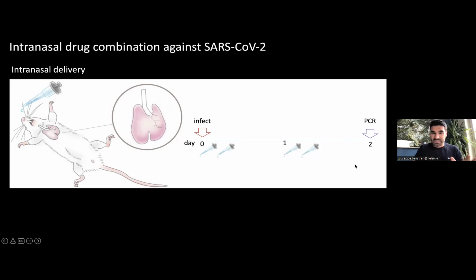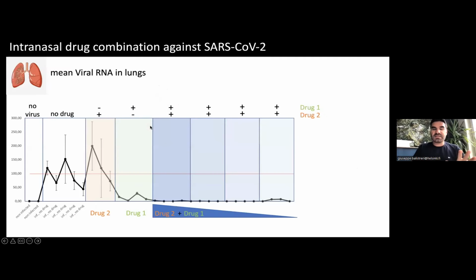So to test if this works, we gave 2 shots per day in the nose of these mice, which received a very high dose of virus. And then 2 days later, we see: can we measure viral replication in the lungs? Is there any virus left? So we can use PCR from the lungs of the mice that we sacrifice. And here are very quickly the results of this experiment.